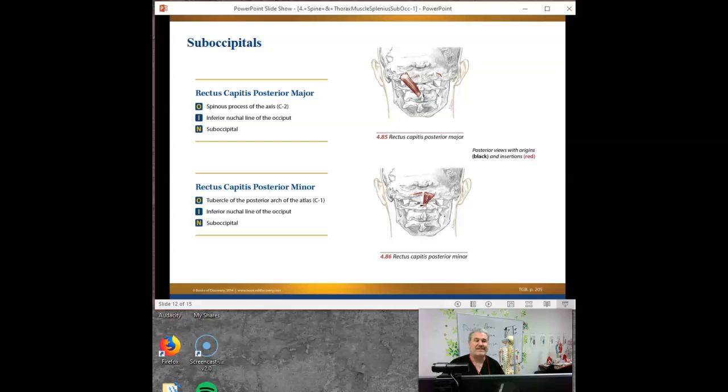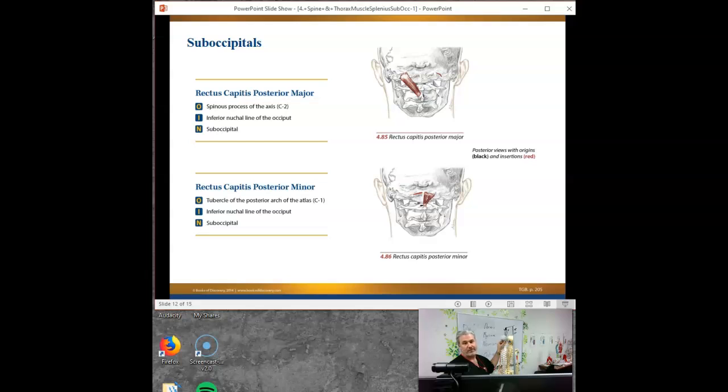So these rectus capitis posterior muscles attach this occipital region kind of to the spinous processes of C1 and C2, but C1 does not have a spinous process. It's got a little bump that we call the tubercle of the posterior arch of the atlas of C1. And no, don't feel like you have to memorize that.